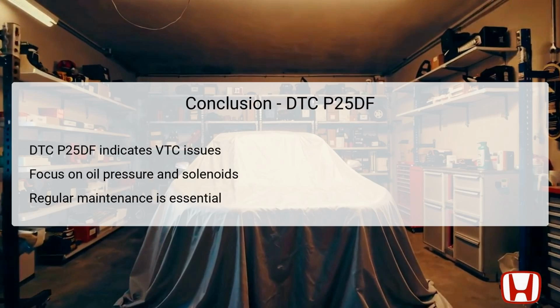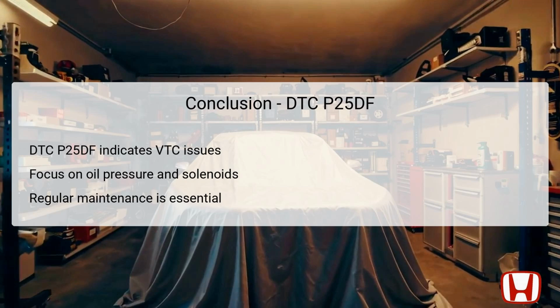In conclusion, DTC P25DF serves as an important alert regarding potential malfunctions within the variable valve timing control system of the Honda Accord 2023 and beyond. A malfunction indicated by this code typically relates to discrepancies in the camshaft phase adjustment, influenced by factors such as oil pressure, solenoid function, and possible obstructions in oil passages.